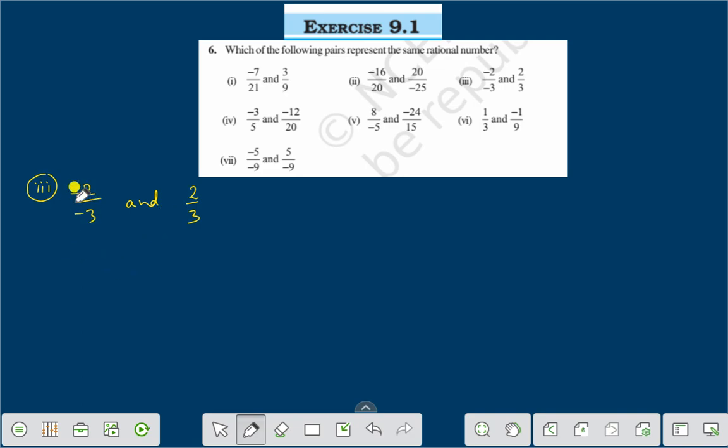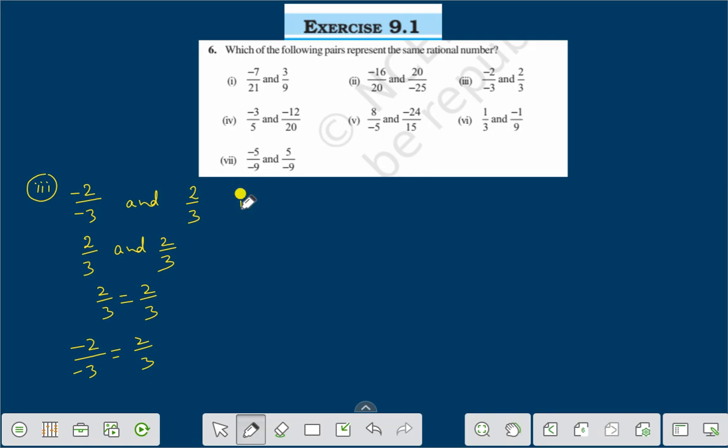Here you see, minus 2 by minus 3, the minus will cancel, we are getting 2 by 3, and the other is also 2 by 3. Both are equal. That is, 2 by 3 is equal to 2 by 3. Therefore we can say that minus 2 by minus 3 is equal to 2 by 3.